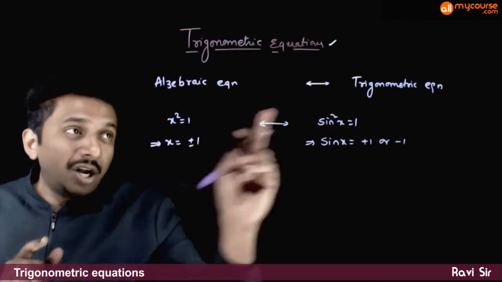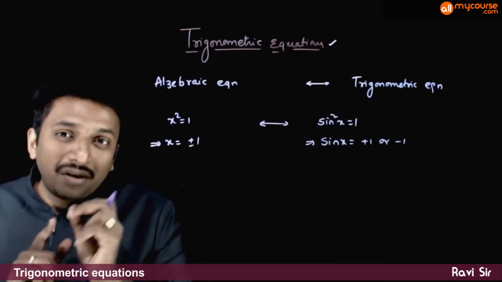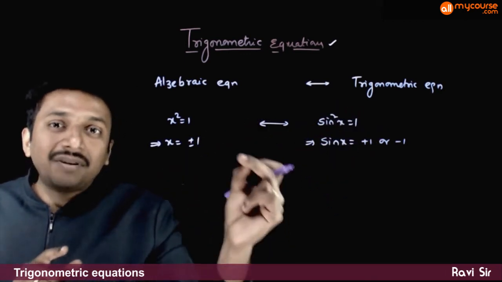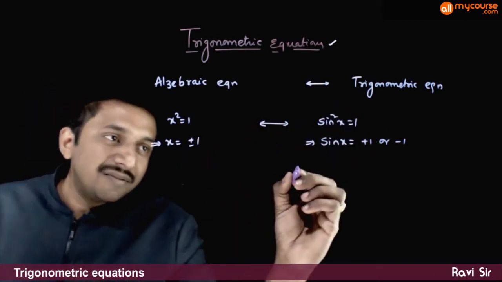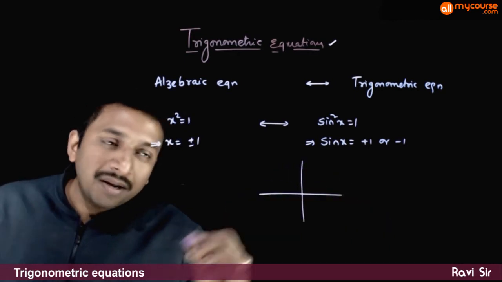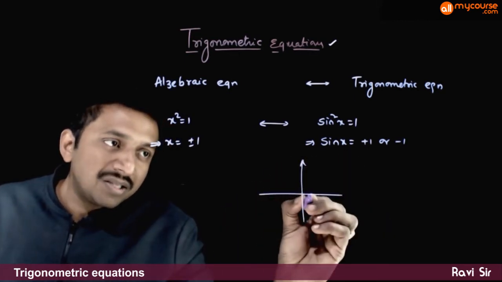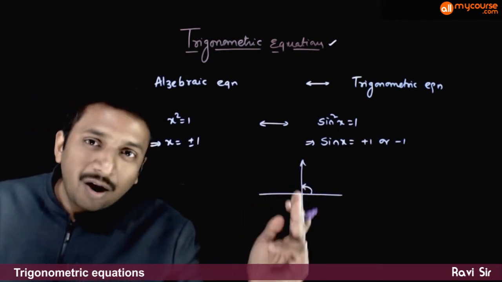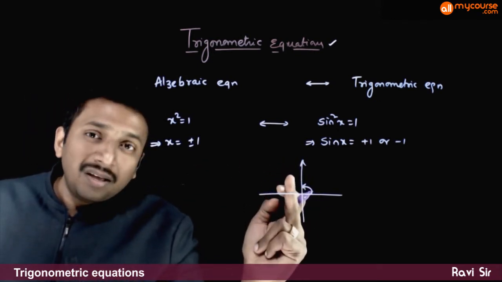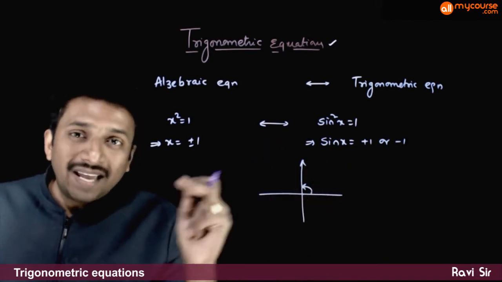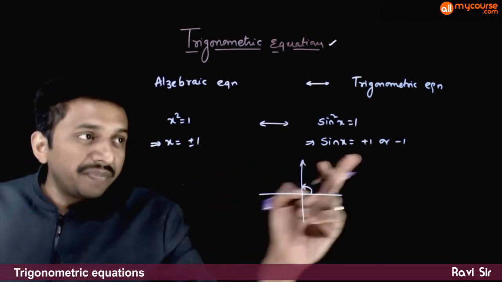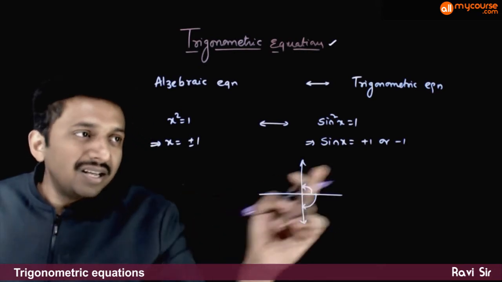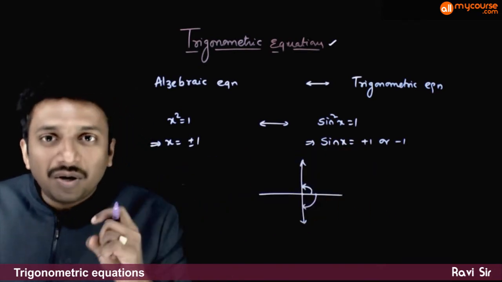We know that trigonometric functions are periodic. That means their values repeat after a certain interval. That is, if sin x has to be equal to 1 for the position of 90 degrees, corresponding to the ray of this position, the value of sin x will always be equal to plus 1, and corresponding to this position of minus 90 degrees, the value of sin x is always equal to minus 1.